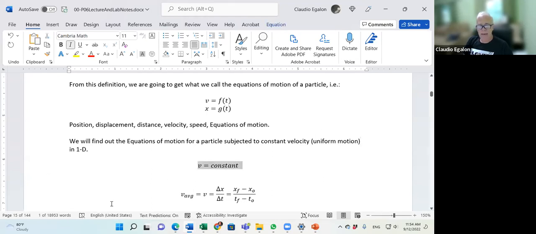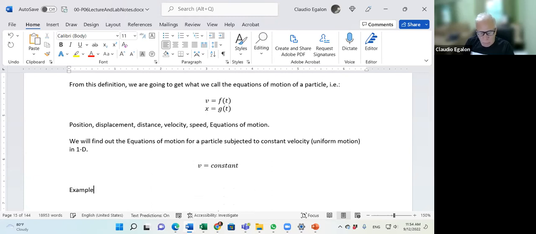That's how we abbreviate this case: the fact that we have constant velocity, we write down v equal to constant. And by v, I mean the instantaneous velocity is constant. We do have this type of motion. I'm going to give you examples of 1D uniform motion.